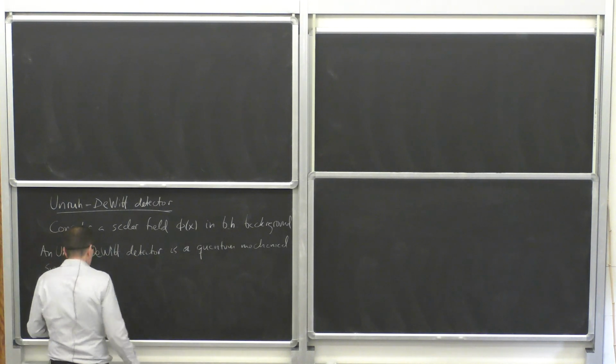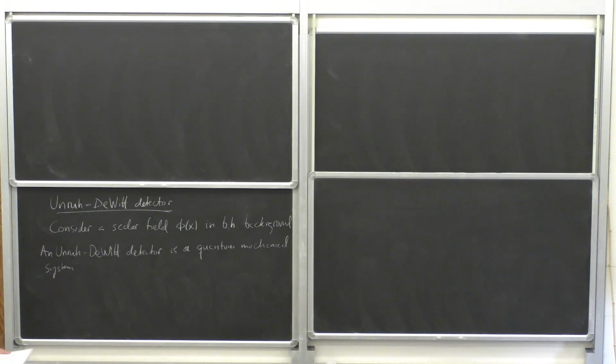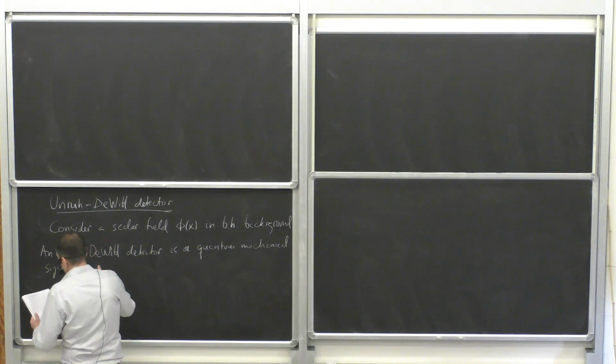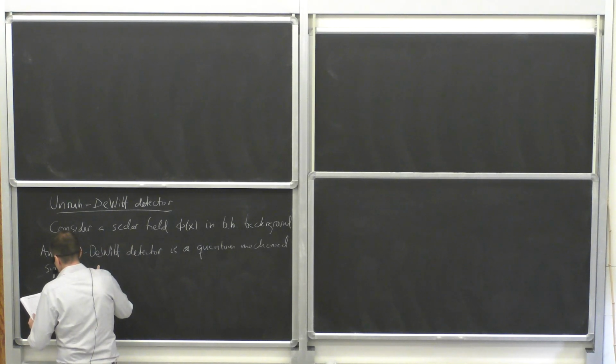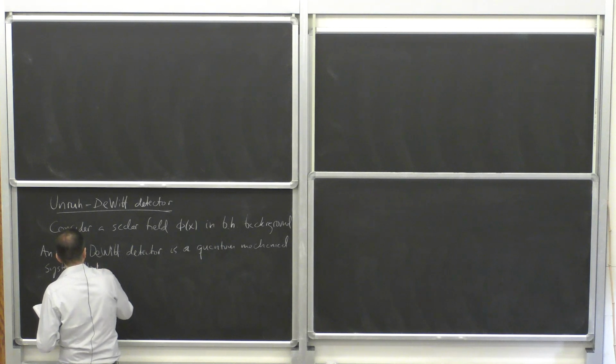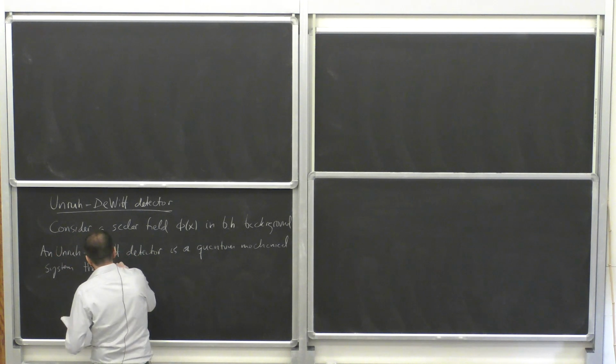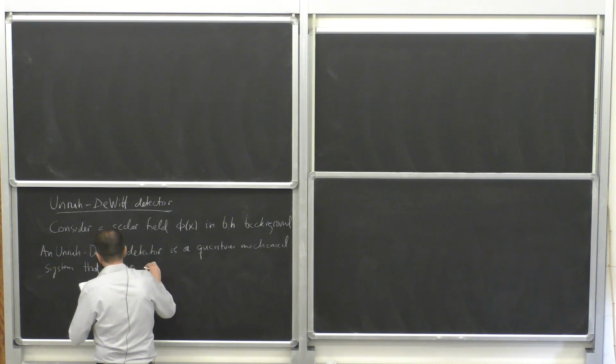This can be any quantum mechanical system, a two-level system or a harmonic oscillator. It doesn't really matter for the argument, as we'll see in a minute. And we're carrying this along. The observer has this detector, this quantum mechanical system, and it's carried along the trajectory of the observer.